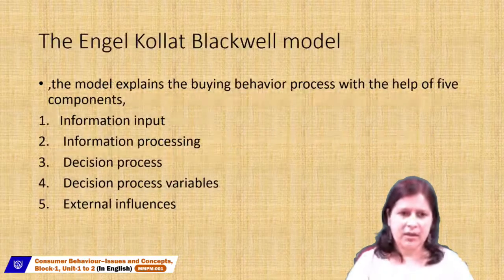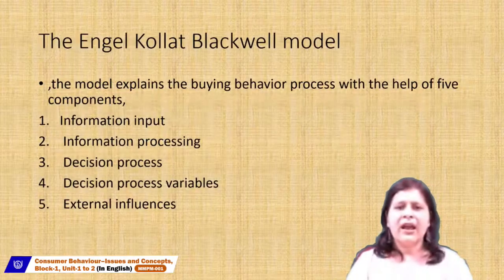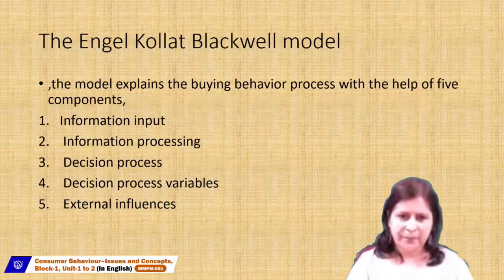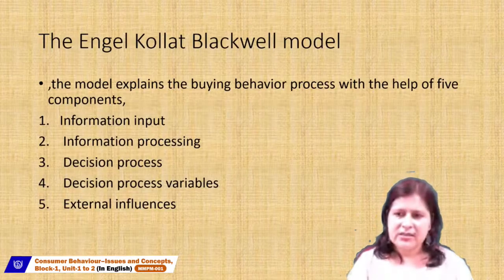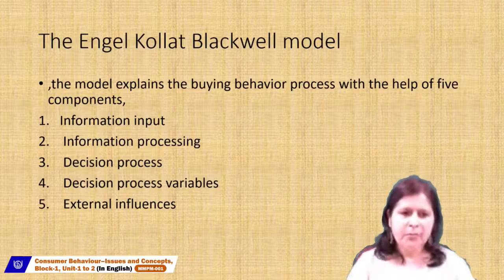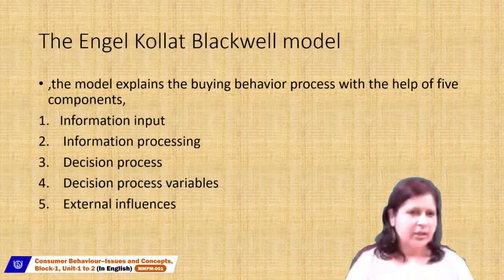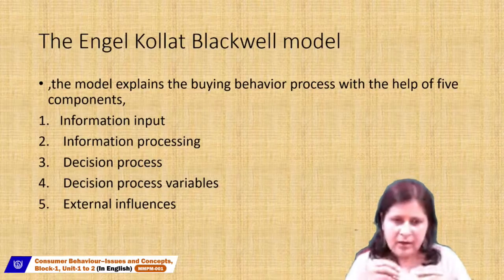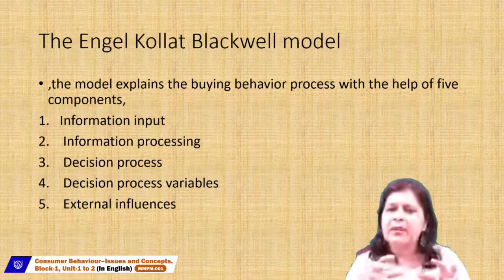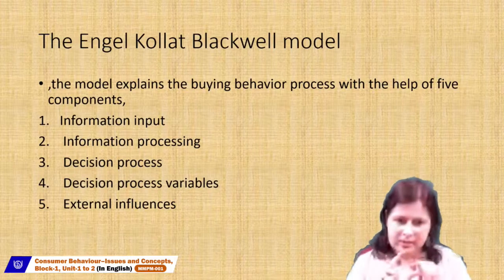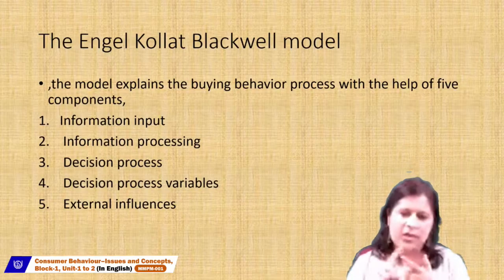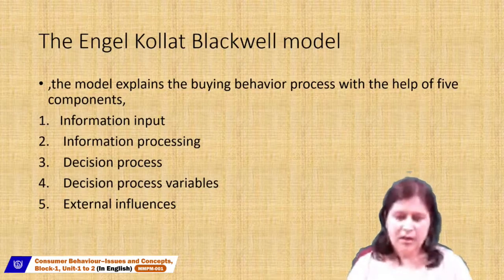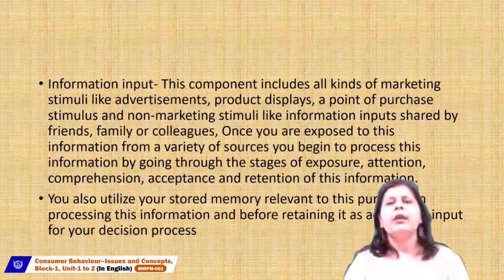The Engel, Kollat and Blackwell model, right? The model explains the buying behavior process with the help of five components: the information input, information processing, decision process, decision process variables, and the external influences.